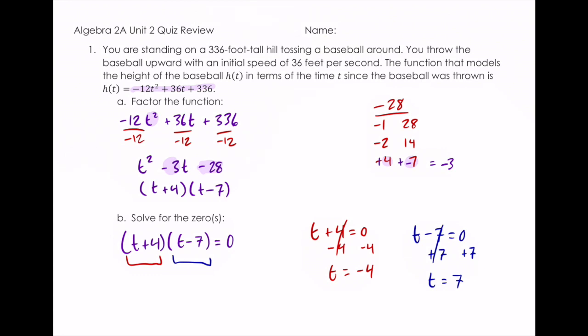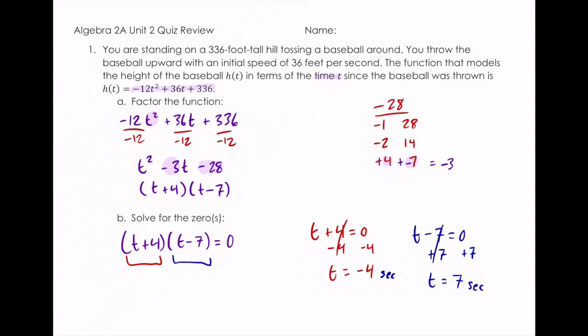Now, let's take a look back to the problem. We're talking about the time that a baseball hits the ground. T is time here. So let's look back at our problem. T is the time. So this is saying negative 4 seconds and positive 7 seconds. In the real world, it's nonsensical to talk about a negative amount of seconds.